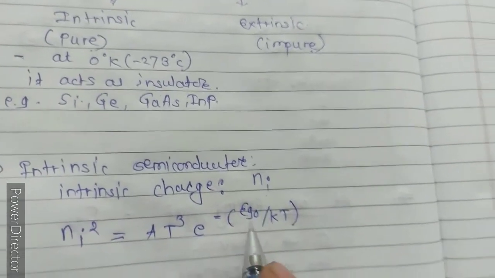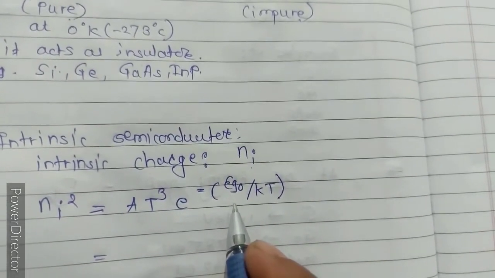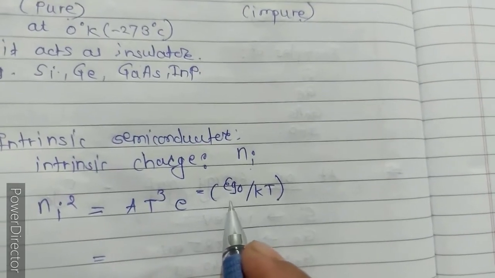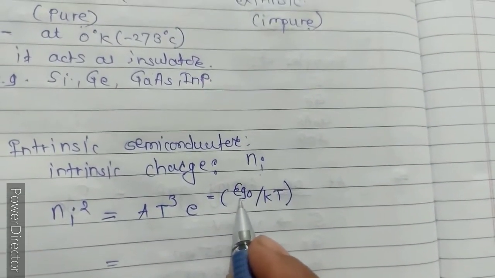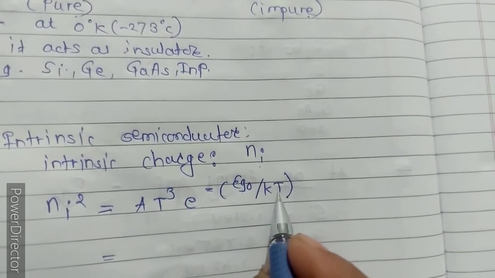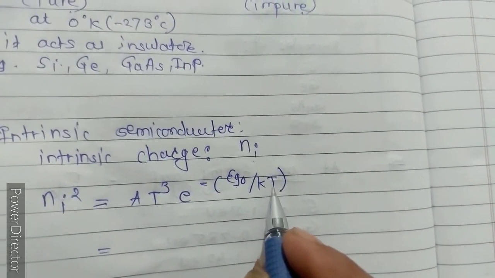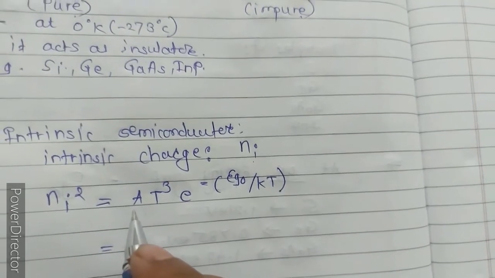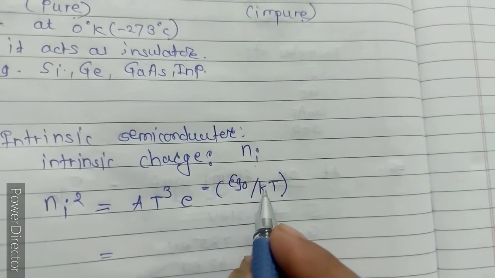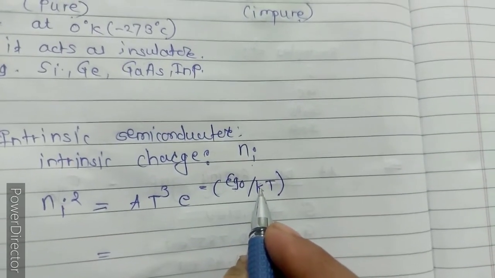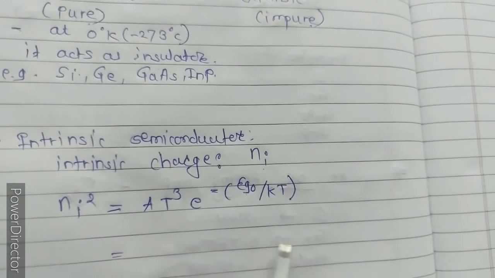Here Eg0, as we saw in the last lecture, is the energy gap at 0 Kelvin, k is the Boltzmann constant, T is the temperature in Kelvin, and A is also a constant.